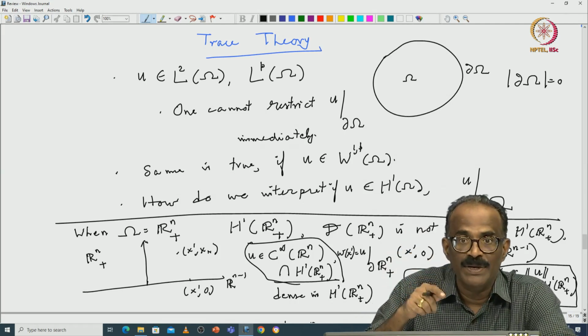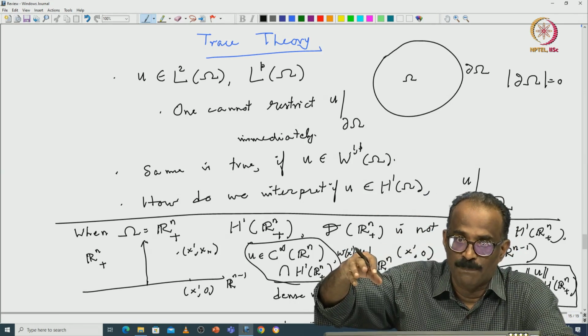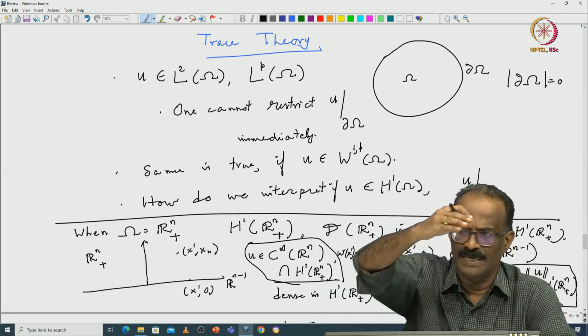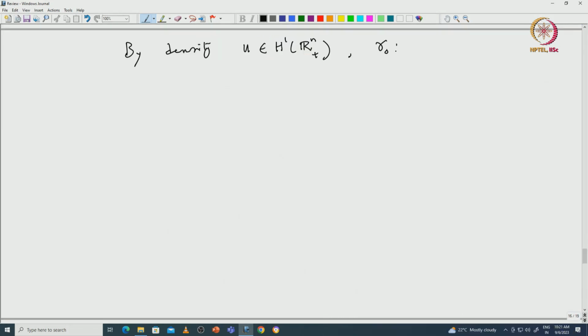Once you have a continuity estimate on a dense set of H1 of R n plus, by continuity you can extend it. So, you can define a linear operator gamma naught from H1 of R n plus to some space L2 of R n minus. Keep in mind that gamma naught of u is not a pointwise thing, though in practice we always write u.